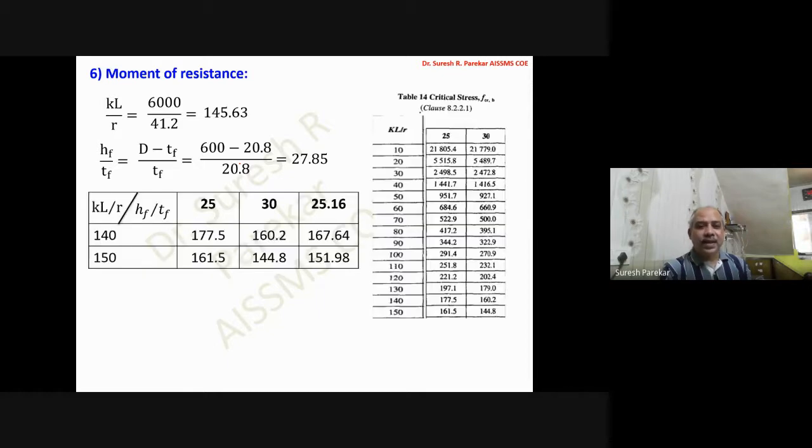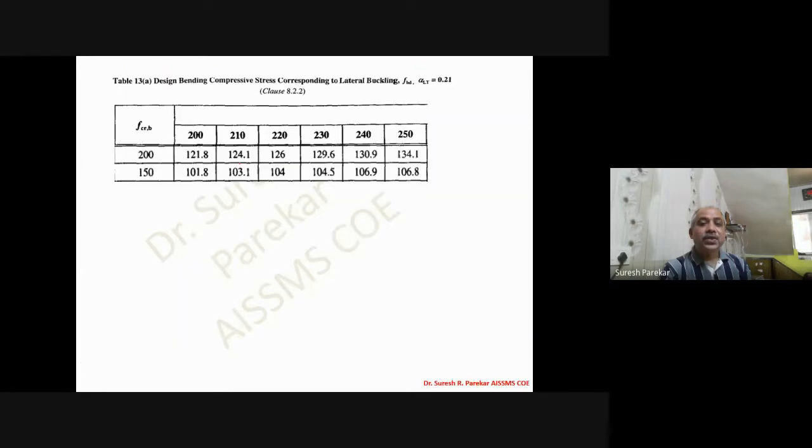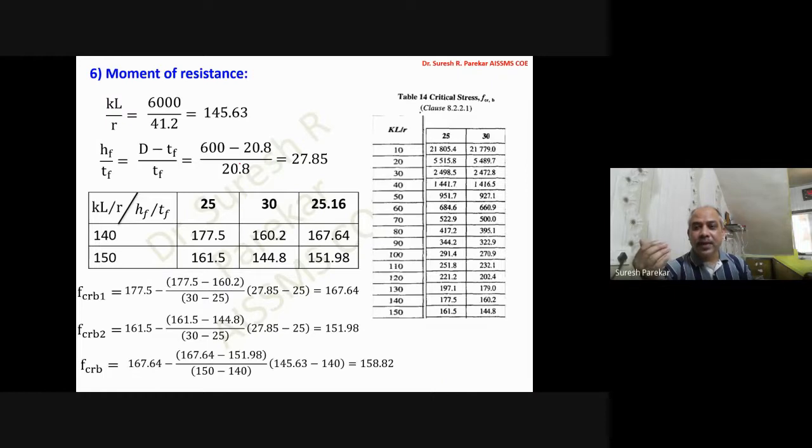And then we have this table, and in the same way we will not go into detail again with this. It gives me FCRB 158.82. So now from this I will get this value. Now in a competitive exam you may have a question: if your value of FCRB increases, what will happen to FBD? Then my FBD is also increasing. Now you may also have a question about KL upon r increasing.